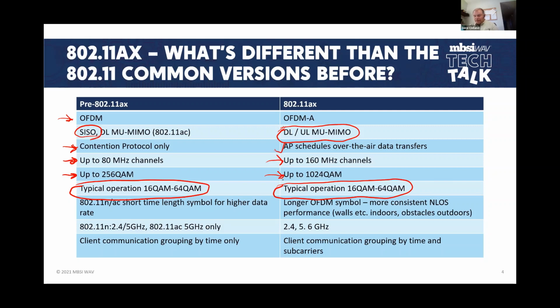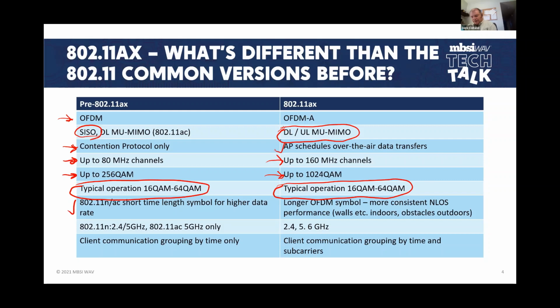But what is different here is that in order for me to get the higher data rates with 802.11ac and previous protocols, I had to shorten the symbol time over the air. So I had to increase the number of data symbols per second in order to achieve the higher data rates. And I'm going to say that again.